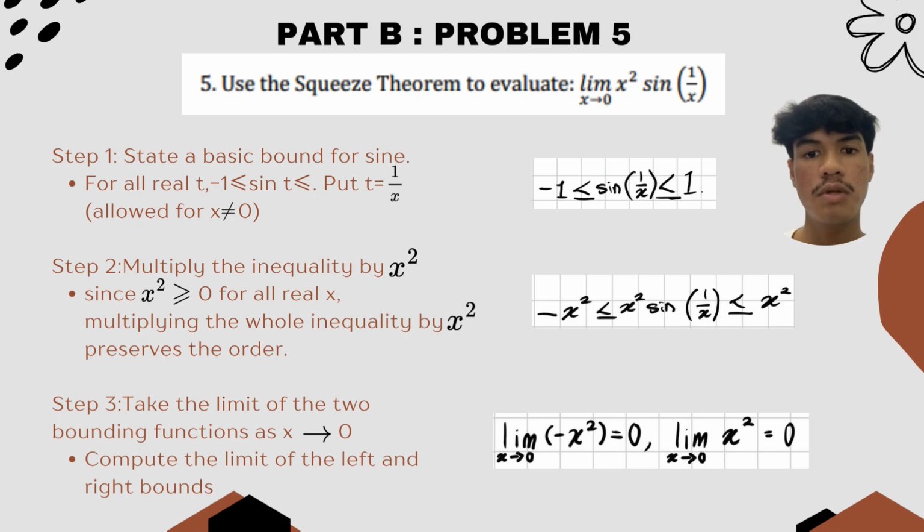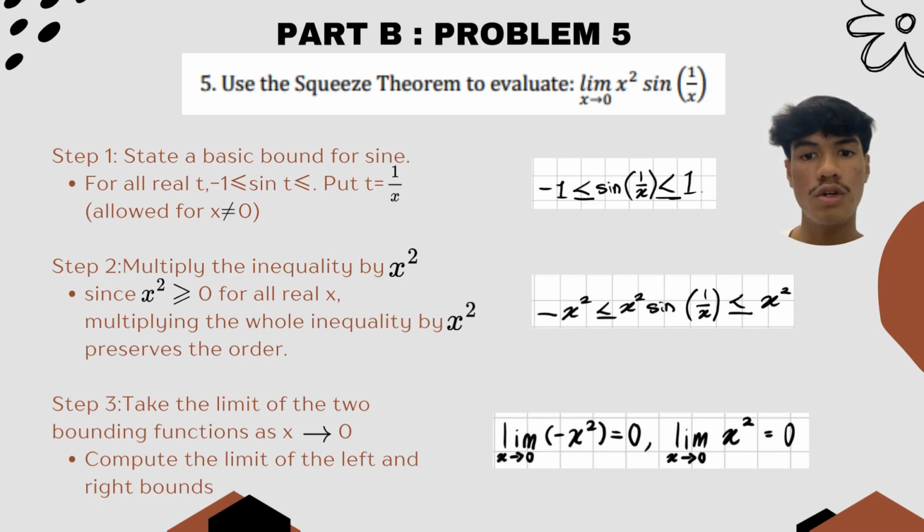Step 2, multiply by x squared. Since x squared is greater than 0, multiplying the entire inequality by x squared keeps the order: negative x squared is less than or equal to x squared sin(1 over x), which is less than or equal to x squared. Step 3, take limits.